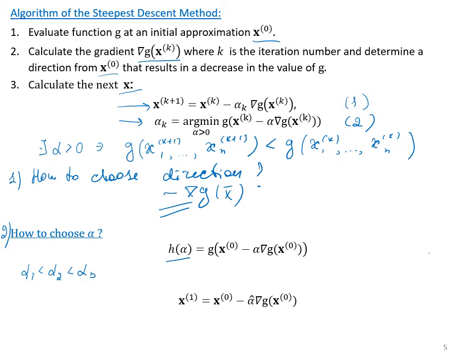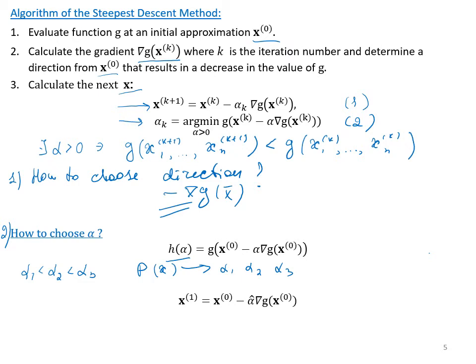So then we can construct quadratic polynomial which interpolates h at points alpha 1, alpha 2, and alpha 3. And minimum of this quadratic polynomial can be easily found.